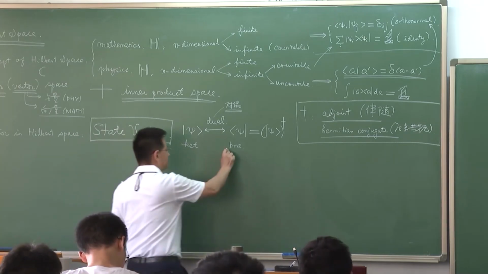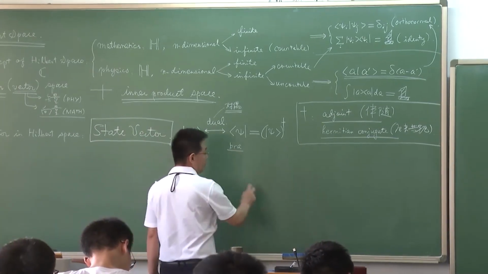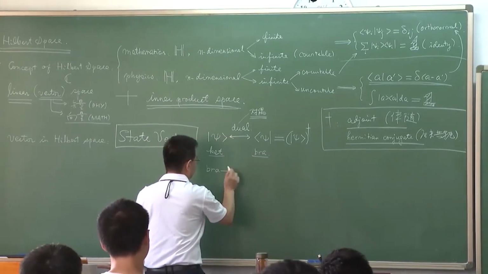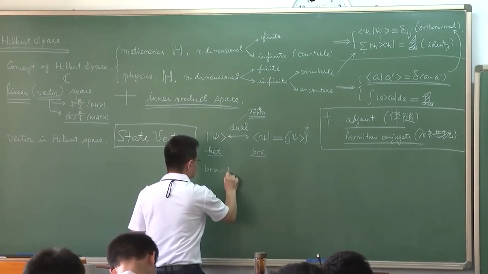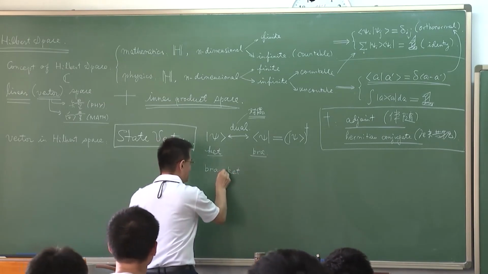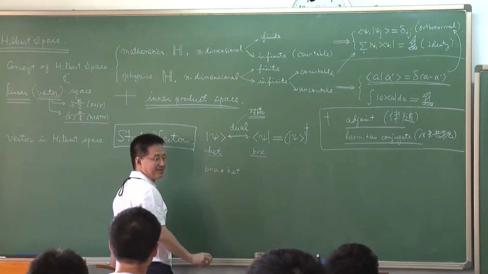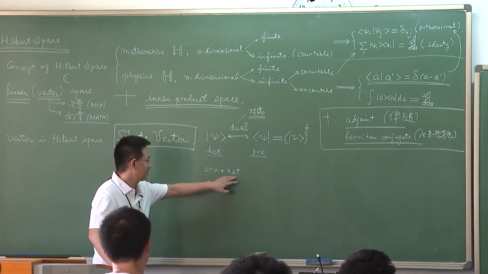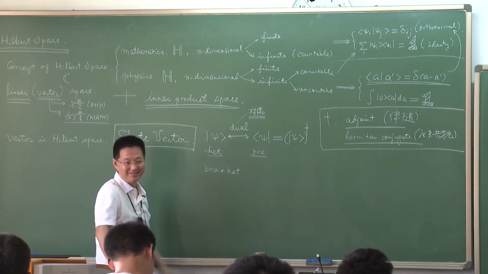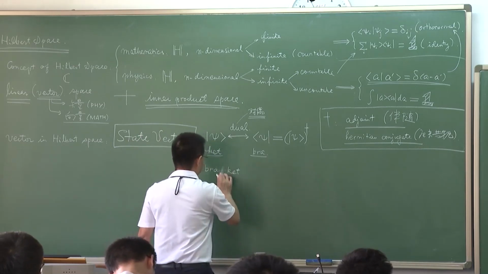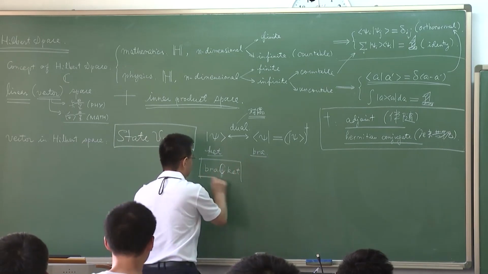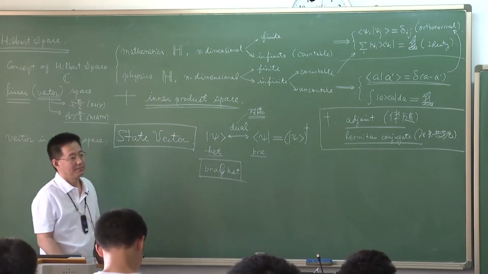And the bra and ket together, you have the bracket. If you connect them, it is called the bracket. So, bra, ket, connected, bracket. Okay. This is my understanding of the names of the bra and ket.